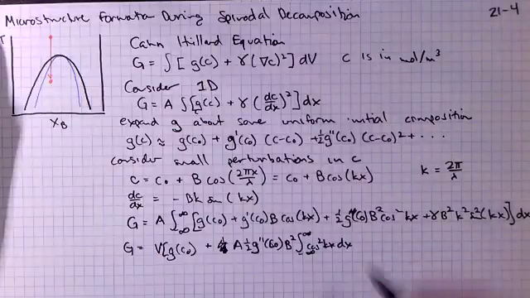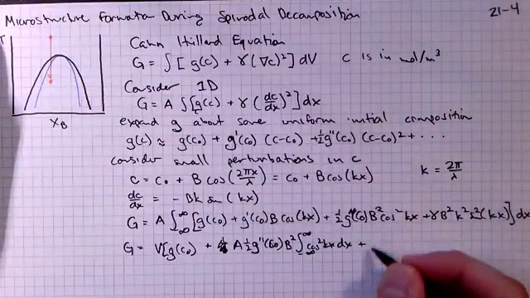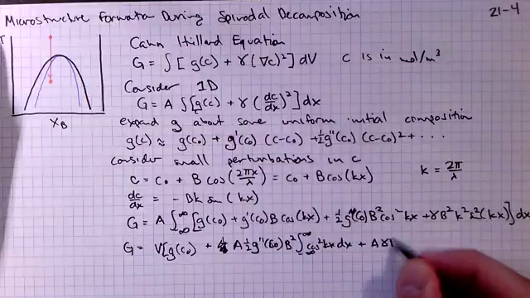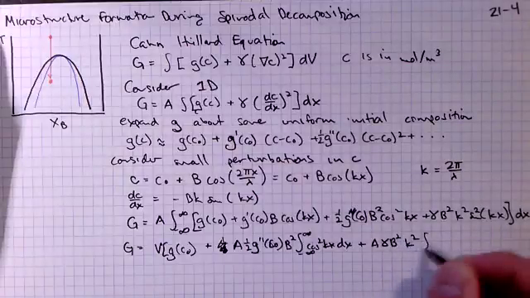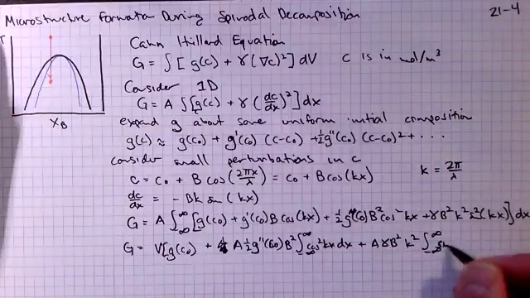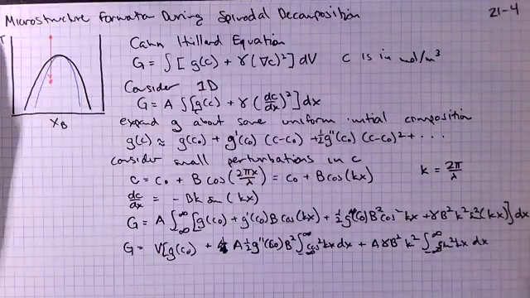And then gamma also gives us a non-zero contribution, so that'll give us A times gamma times B squared k squared integral minus infinity to infinity sine squared kx dx.